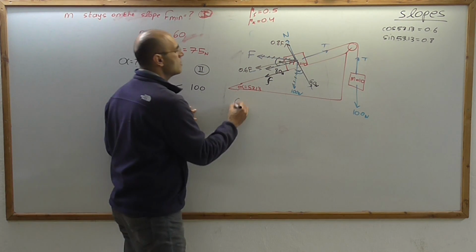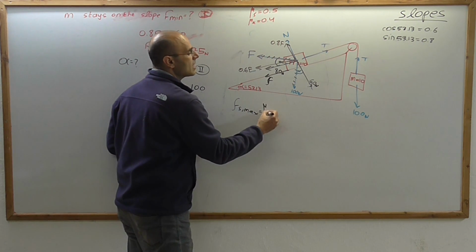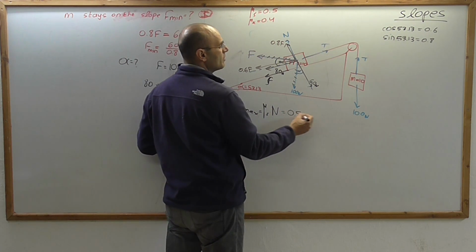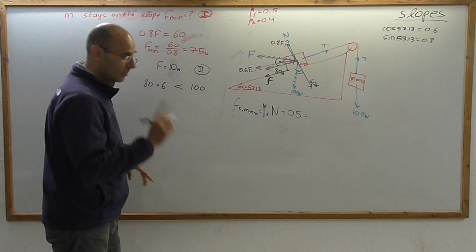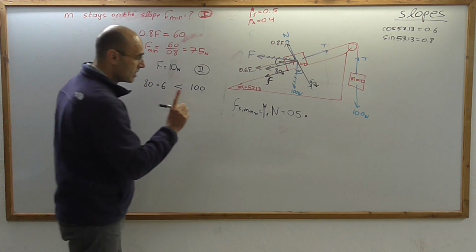is. So let's calculate the F static max. It's mu static multiplied by N. Mu static is 0.5. Now what is N? Let's calculate N for a second.